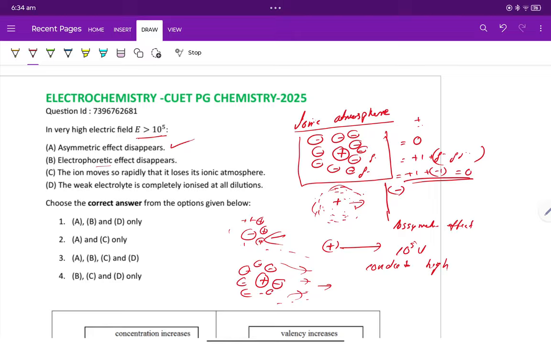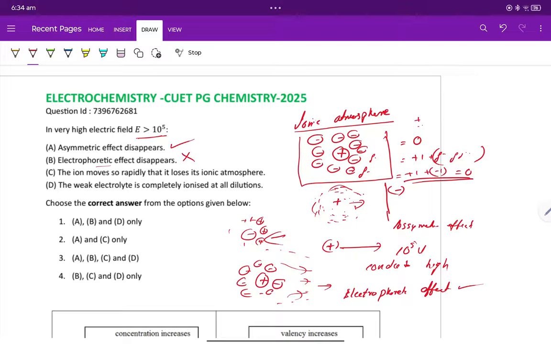So there will be a viscous drag. That effect is called the electrophoretic effect. Whenever you apply a high electric field, it is not going to make any change in the solution, so the electrophoretic effect will always be there. So saying the electrophoretic effect disappears is not a correct answer.